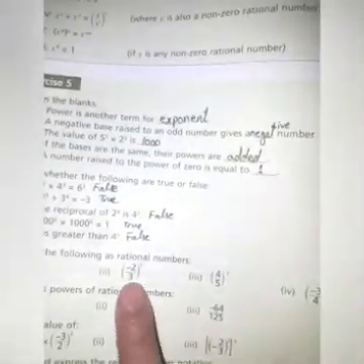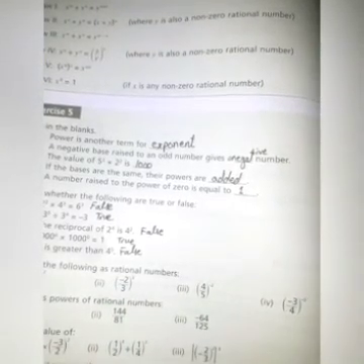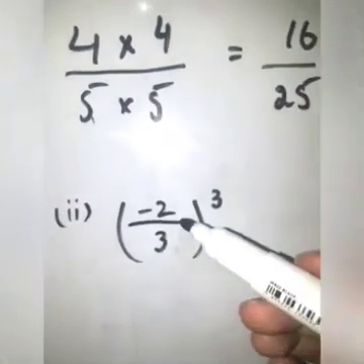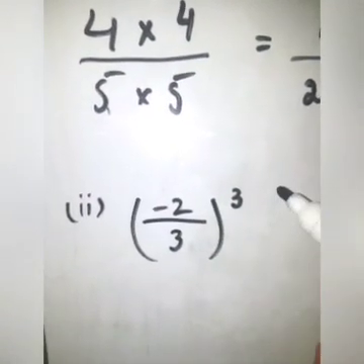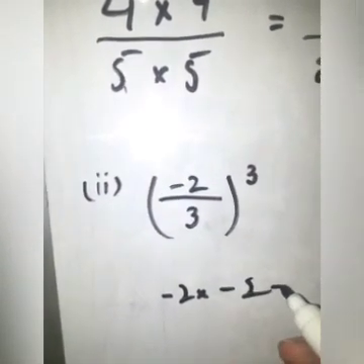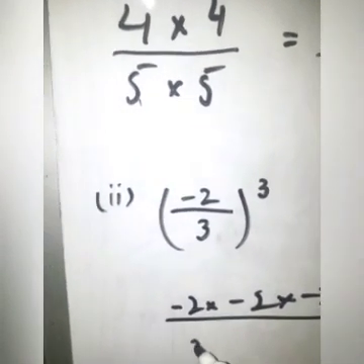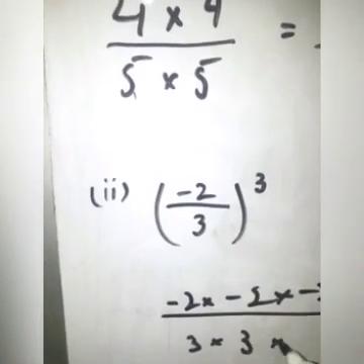Now the part 2, minus 2 over 3 bracket power 3. You have minus 2 over 3 bracket power 3. It means minus 2 multiplied by minus 2 multiplied by minus 2 over 3 multiplied by 3 multiplied by 3.